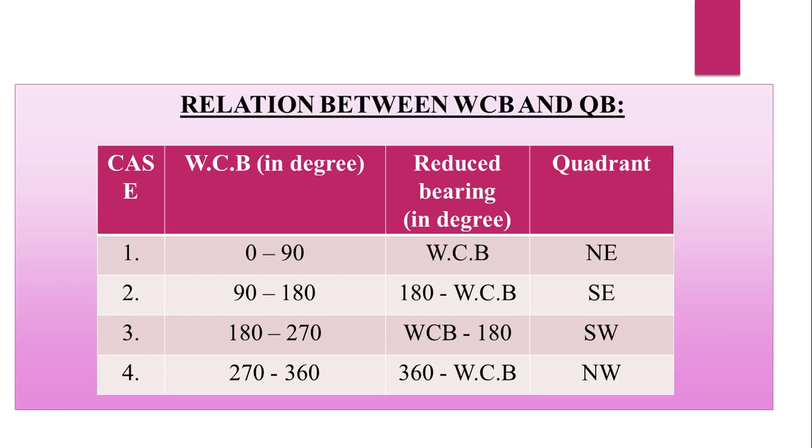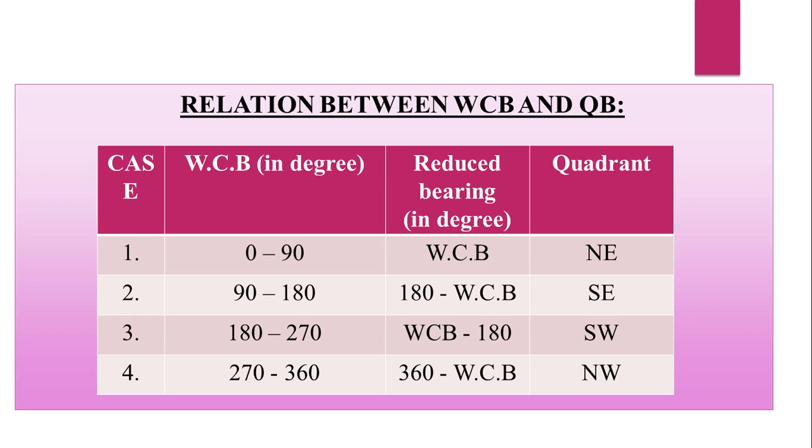When the whole circle bearing is from 0 to 90 degrees, the quadrant is northeast. When it is from 90 to 180 degrees, the reduced bearing becomes 180 minus the whole circle bearing reading and quadrant is southeast.